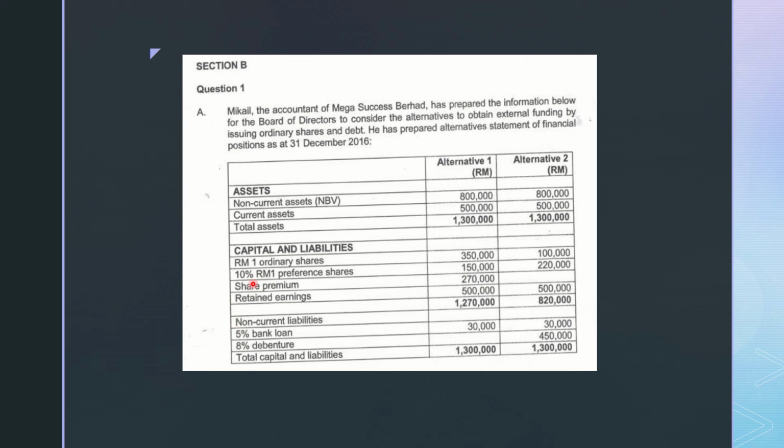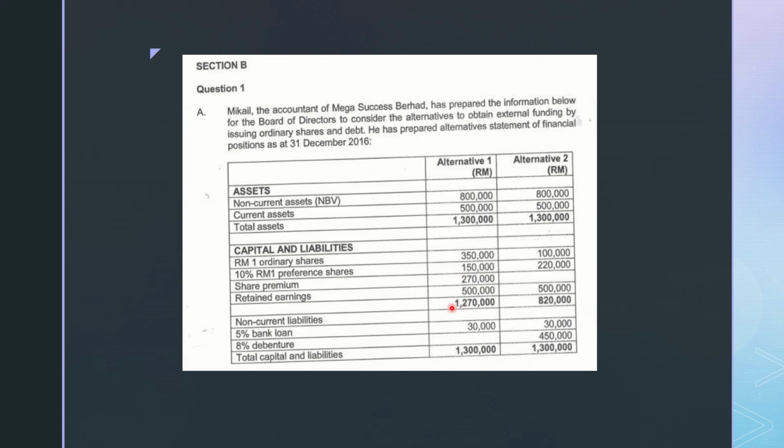Next, 10% RM1 preference shares, 150,000 for the first alternative and 220,000 for the second alternative. Share premium, alternative 1, 270,000. Retained earnings for both alternatives are 500,000 each.